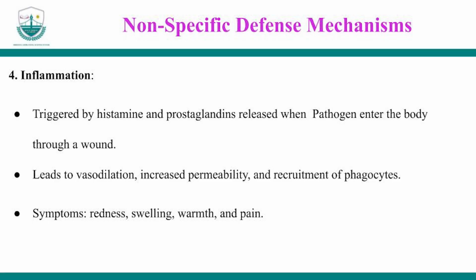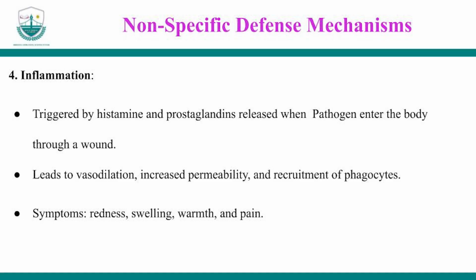So eventually, all these events will result in containing the pathogen. There is mobilization of phagocytes. That's one. There is an increase in permeability to make sure that what is required can easily go to that area. There is increased flow of blood to that area because of vasodilation.